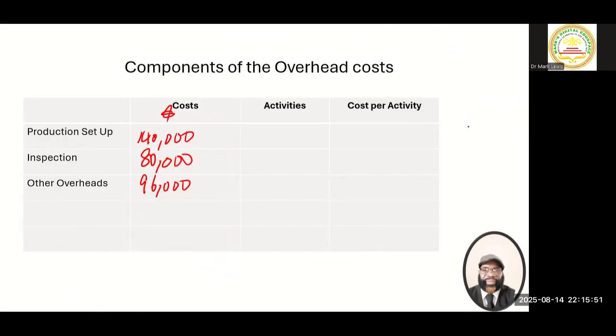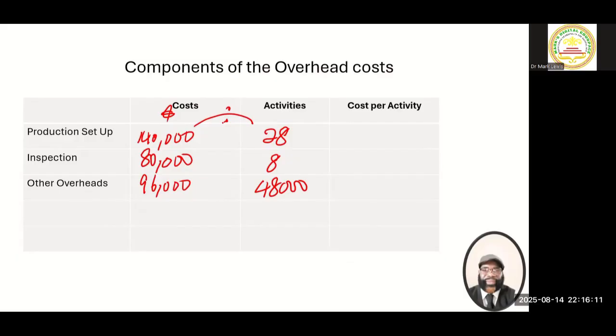So for production setup, it was 28. For inspections, there were only 8 inspections. And other overheads, there were 48,000 labor hours.